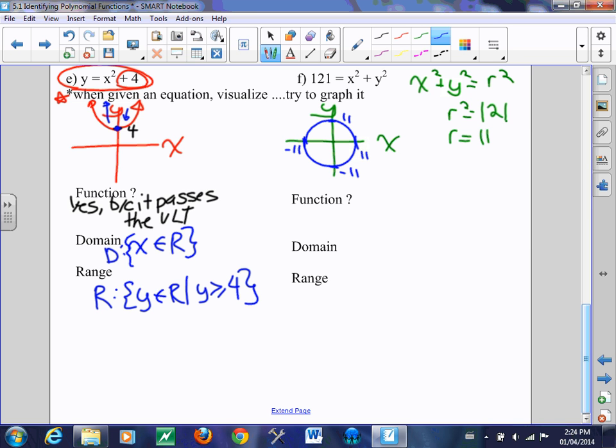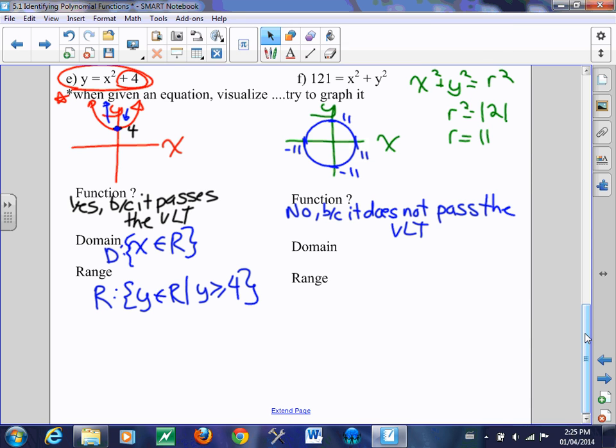Once we can visualize that, is a circle a function? No, because it does not pass the VLT. Okay, and what do we know about our domain? Our domain is our left-right movement.